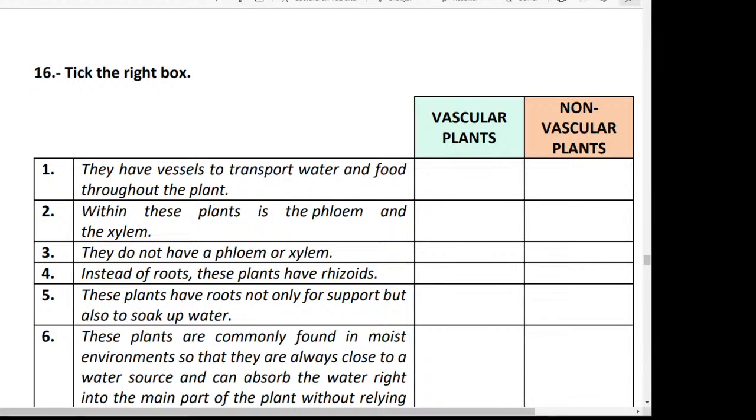So number 2. Attention. Number 2: within these plants is the phloem and the xylem. Remember, these were tissues and systems to transport water, and you had to choose between vascular or non-vascular plants.